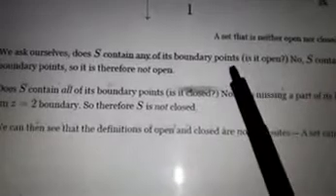So, we ask ourselves, does S contain any boundary points? Is it open? No. S contains at least one of its boundary points, so it is therefore not open. Does it contain all of the boundary points? Is it closed?